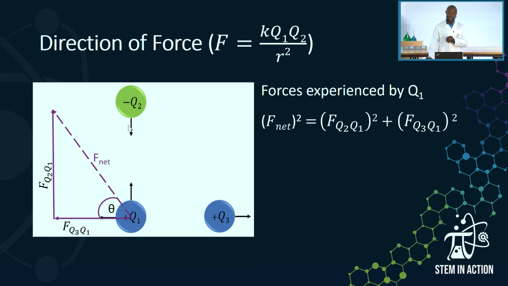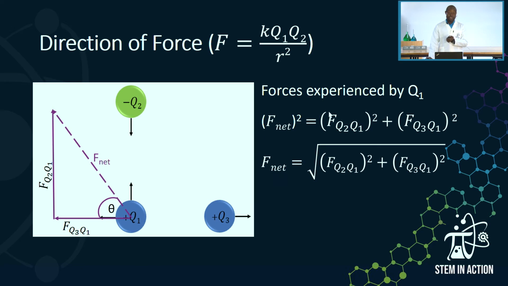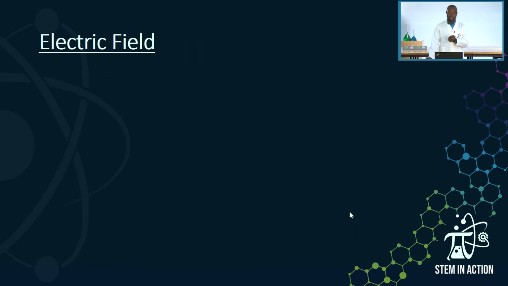And likewise, our F net squared is going to be equal to our F_Q2Q1 squared plus our F_Q2Q1 squared, which is the Pythagoras formula. And we can rearrange it to that. And again, to find this angle, we are also going to say the opposite over the adjacent, like what we did already in the previous slide.